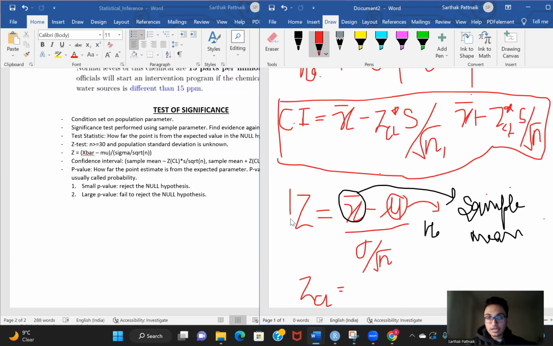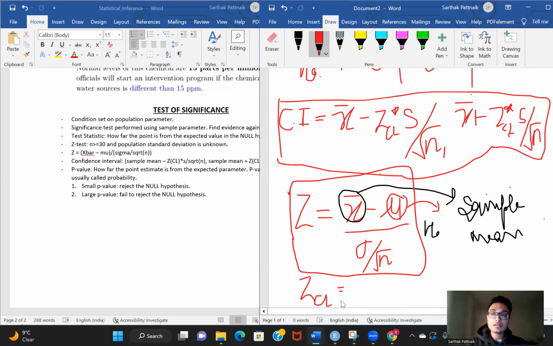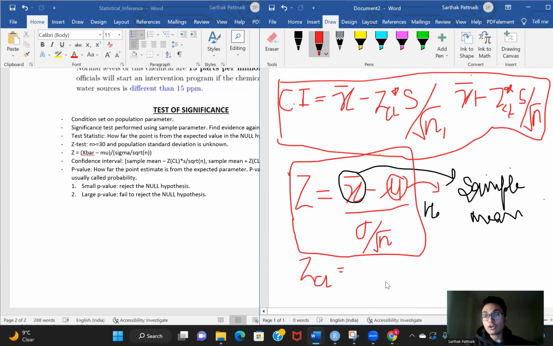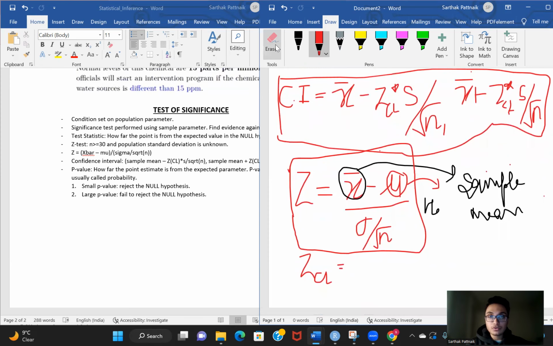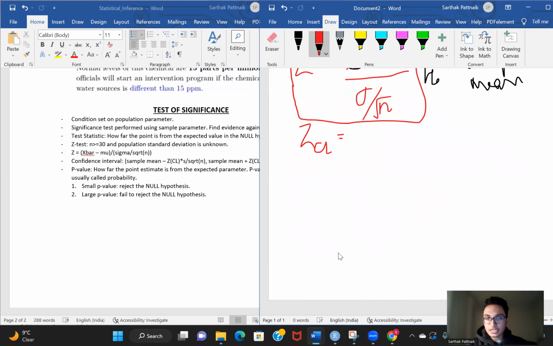Z statistic is calculated using this formula, and z at confidence level we will come to very soon. But the general idea is this is my Z value at that confidence level. So if I have to make a graphical representation of this point, let me redraw this.